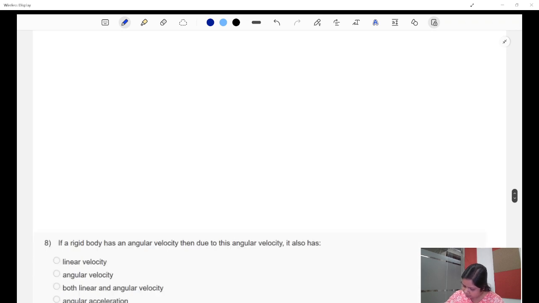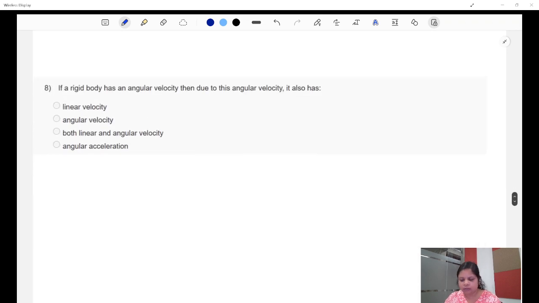Okay, then let's move to the 8th question. If a rigid body has angular velocity, then due to this angular velocity, it also has what?